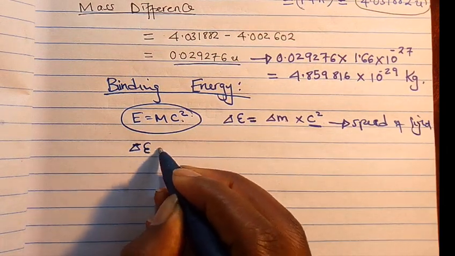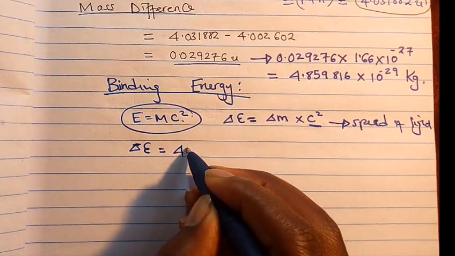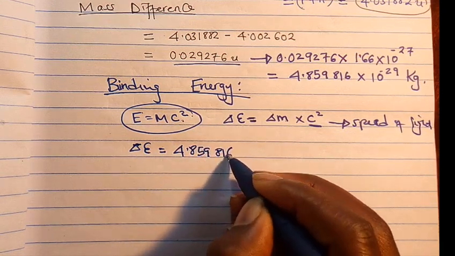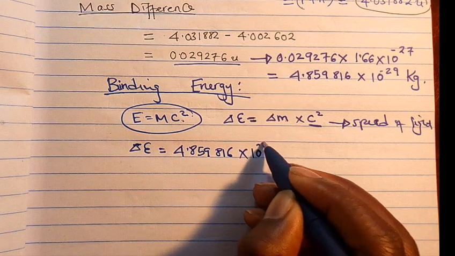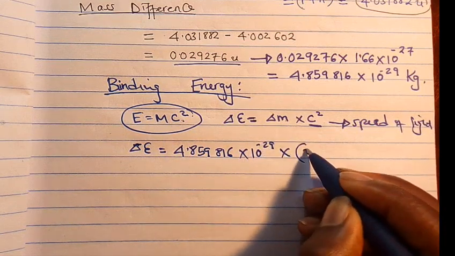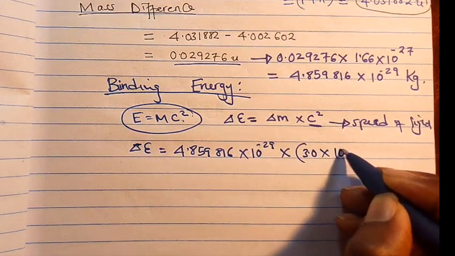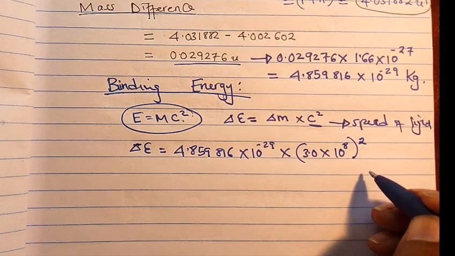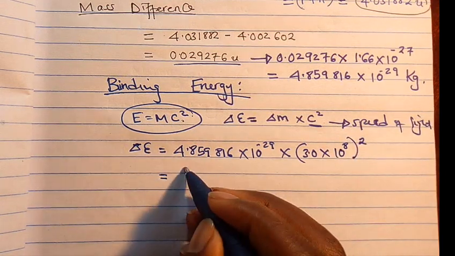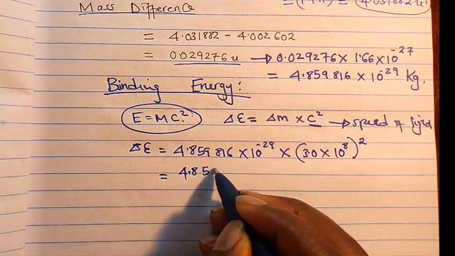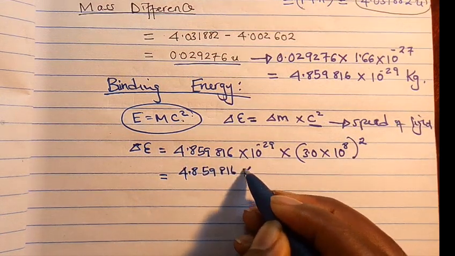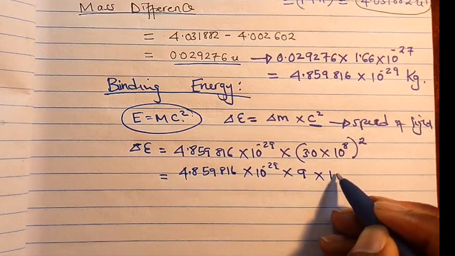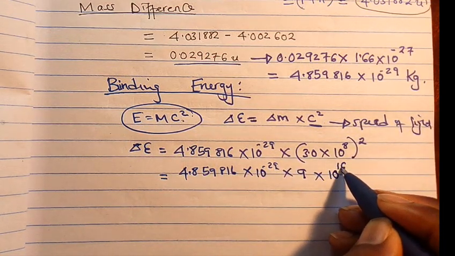Change in energy will be equal to 4.859816 times 10 to the power negative 29 times 3.0 times 10 to the power 8, squared, which is 4.859816 times 10 to the power negative 29 times 9 times 10 to the power 16.